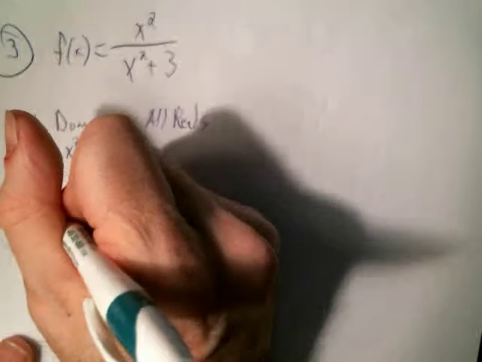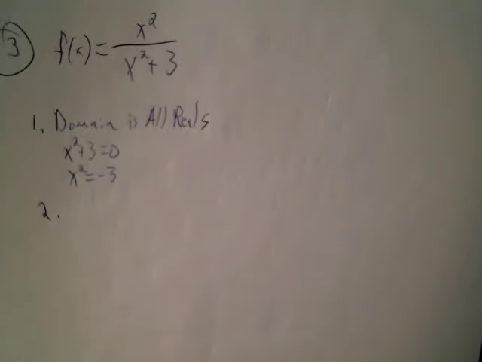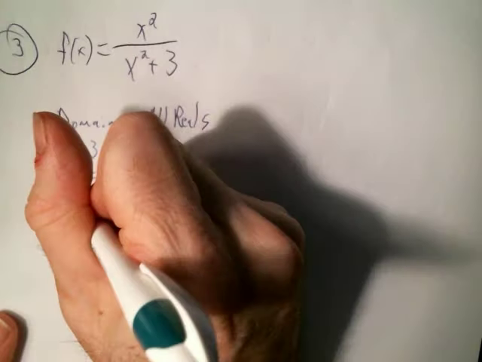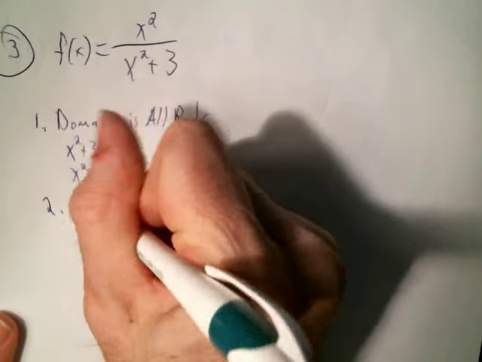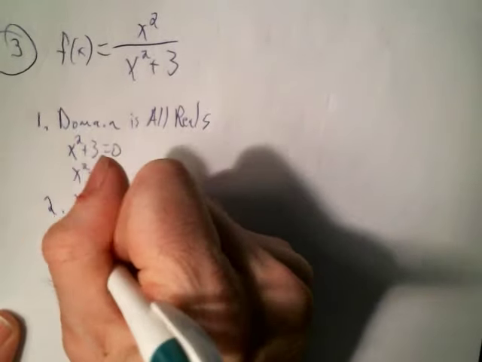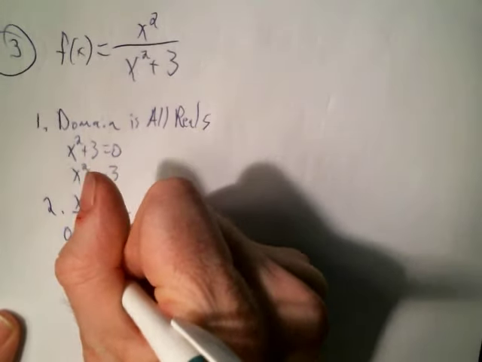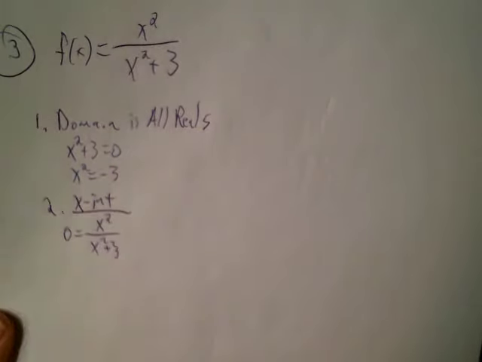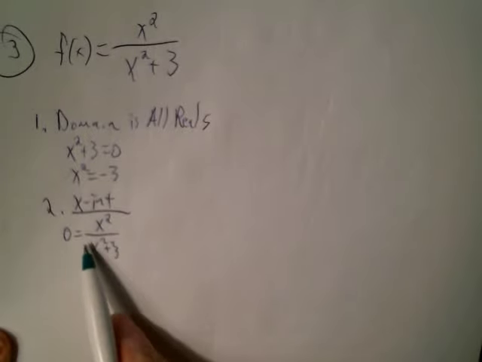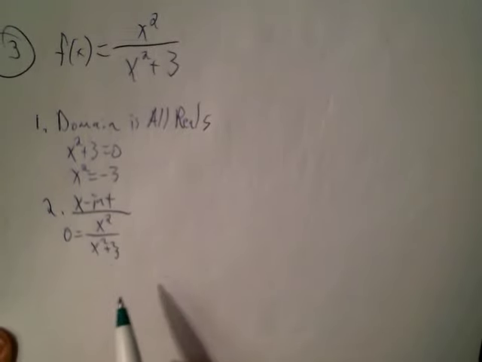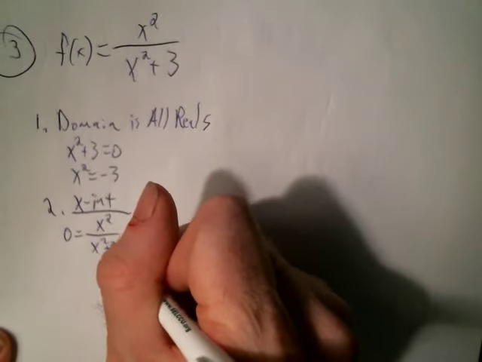Secondly, get your x-intercepts, y-intercepts, and vertical asymptotes. For the x-intercept, you let y equal 0. It just comes down to setting the numerator equal to 0. Literally, you're solving this, but in your first step, you're multiplying both sides by x squared plus 3.